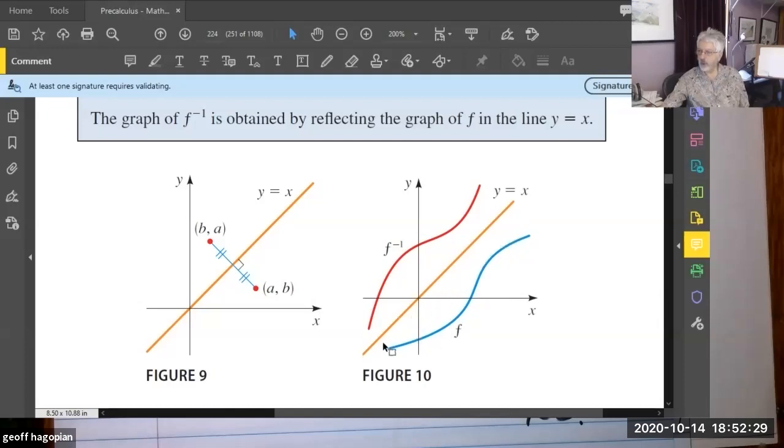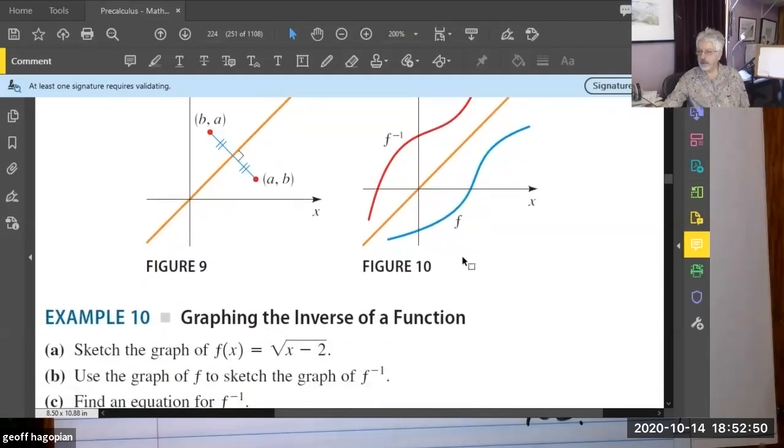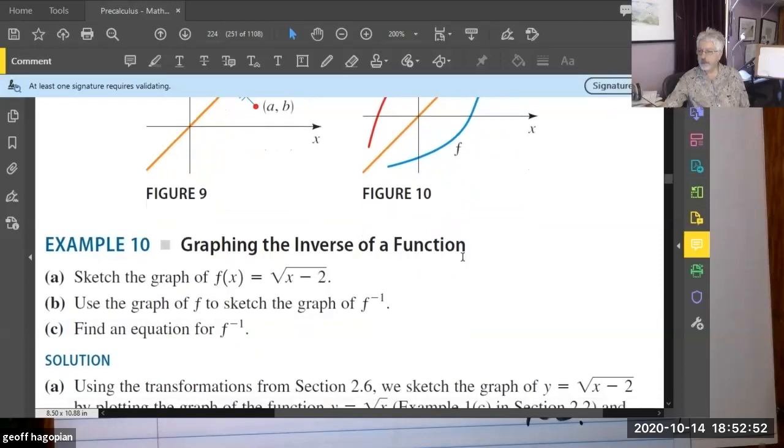So if you were to fold the plane along this line y equals x, you would see these two curves overlapping. It is essential, if you're going to see that or do that, that you use the same scale for the x and y axes, right? Otherwise you'll get a distortion, and that will be different in the reflection.